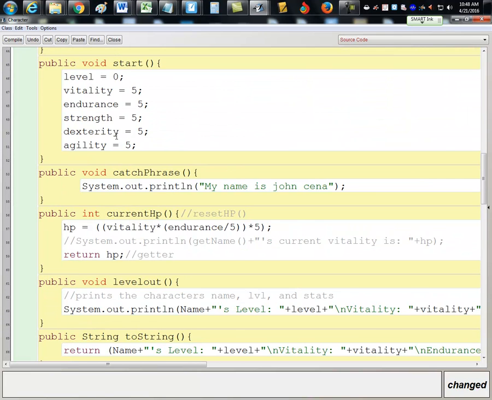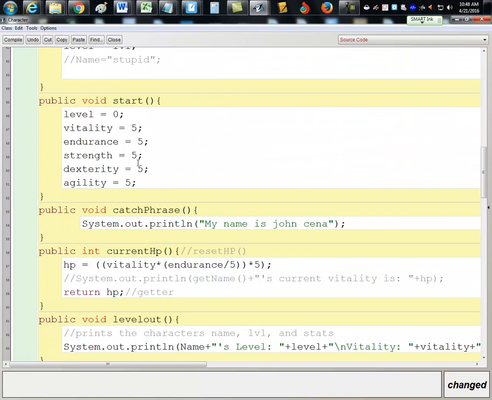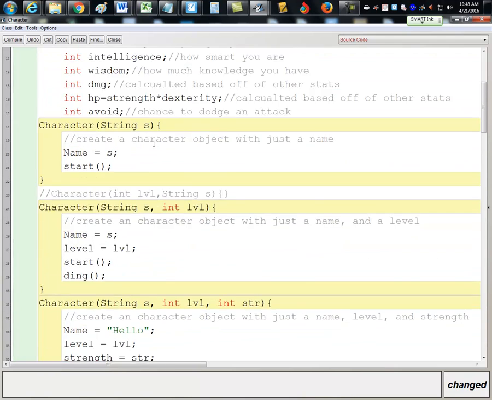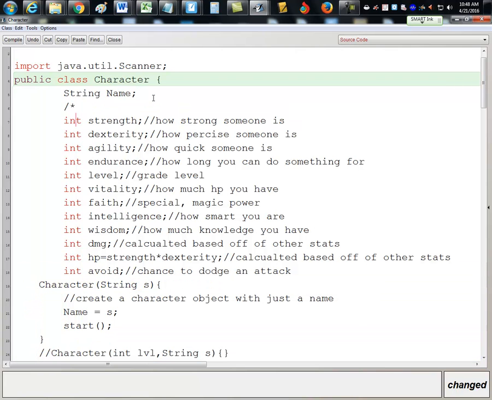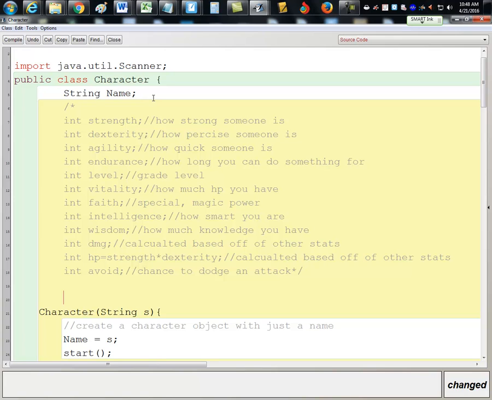Now, granted, you should put some time and effort into this because it's actually pretty cool to play with and to say, well, I want to do this, this, this, and this. If you really wanted to, you could comment out all of these stats and say, well, I want to make a teacher battle.